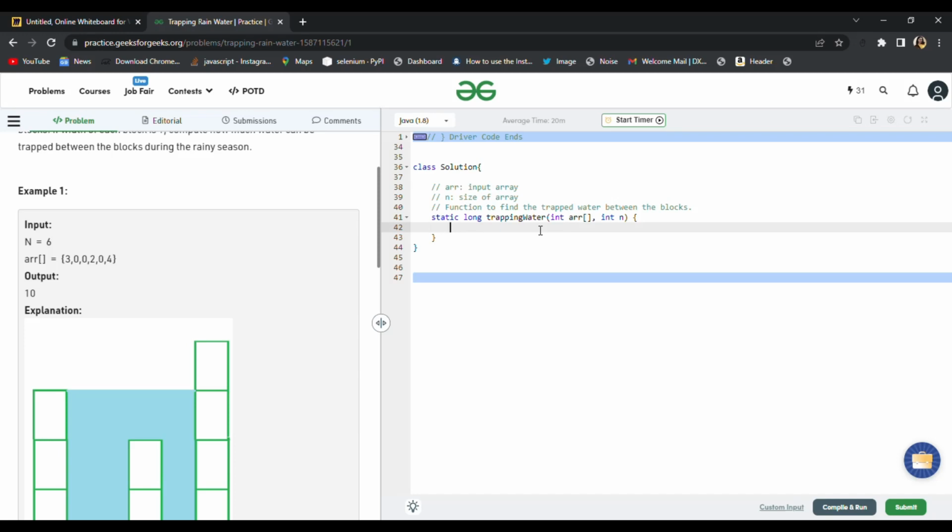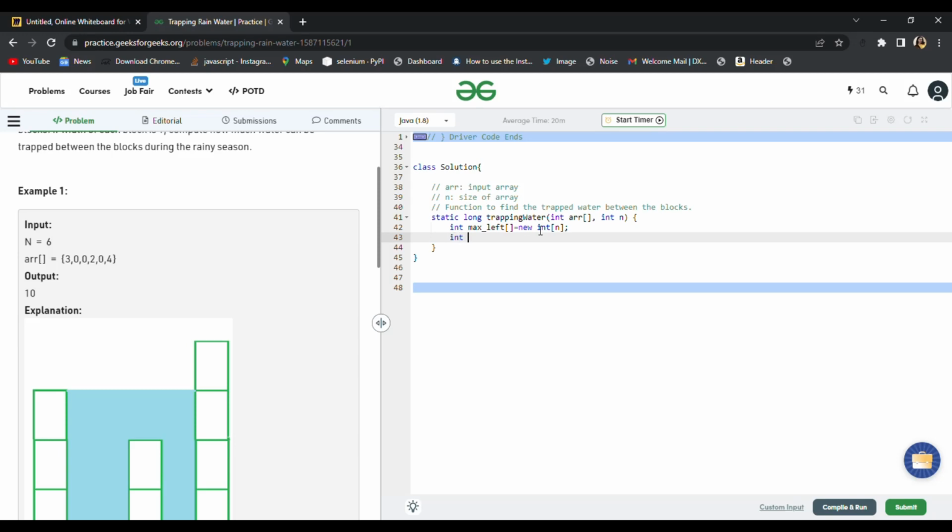Now first we'll take two integer arrays, which we can name max left and max right. The length of both the arrays is going to be the same, that is n, which is the length of the array which is already given.